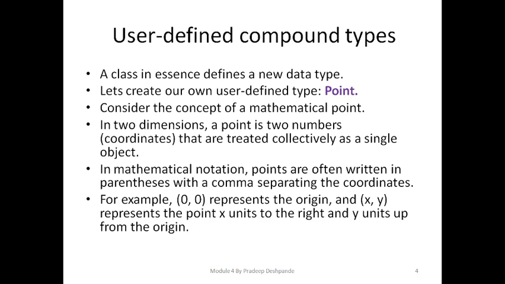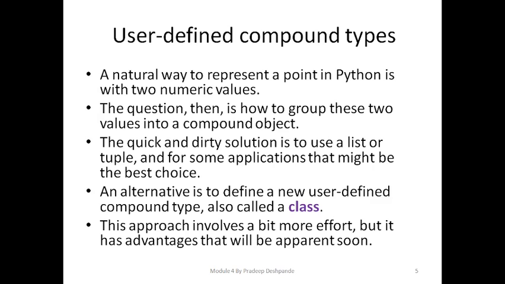We are creating a new user-defined data type called Point. We consider the mathematical concept of a point, which contains two coordinates, x and y, where 0, 0 represents the origin, and x and y represent the width and height of the two dimensions. These are user-defined compound types, which means creating variables of the objects.